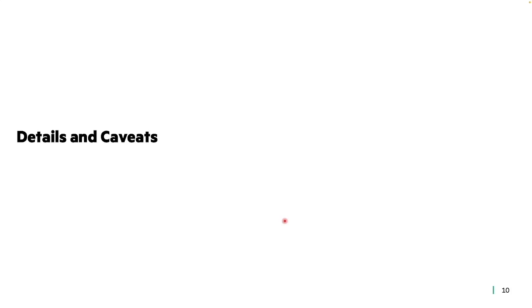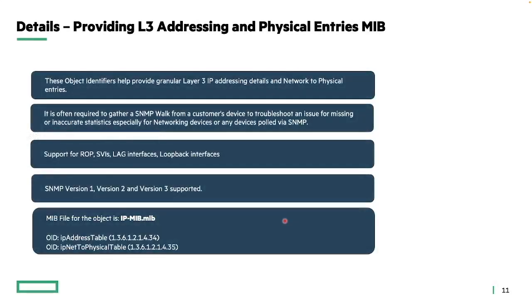Let's get into details now. Details will go one by one with respect to what we have in place. Now, you see, providing layer 3 addressing and physical entries MIB, that's what the name suggests.